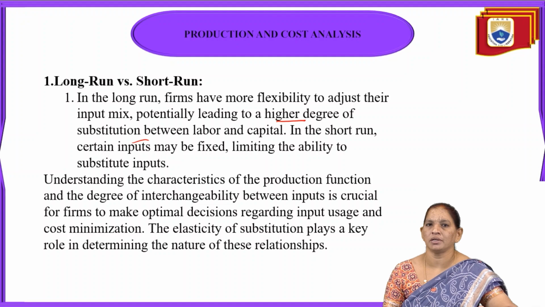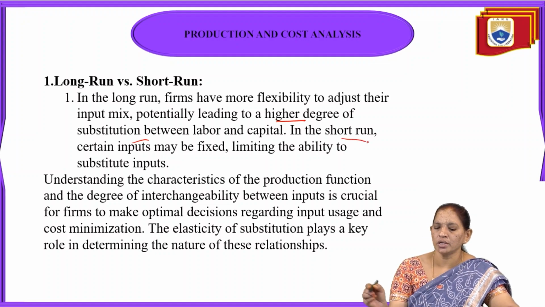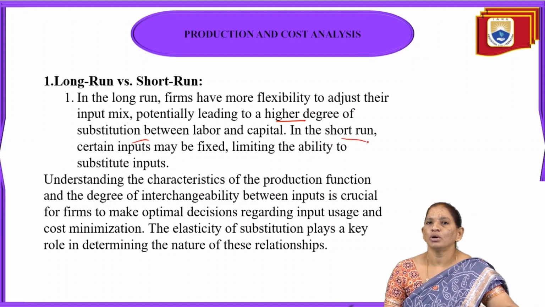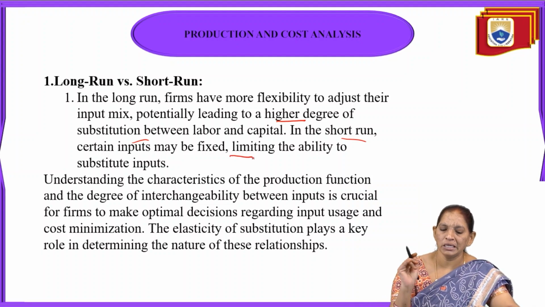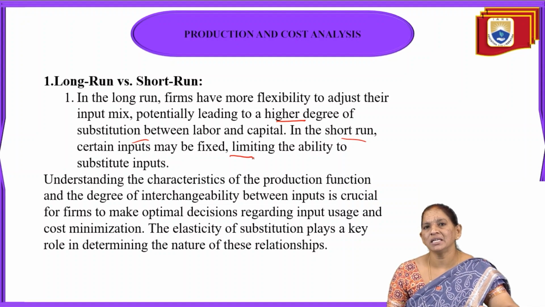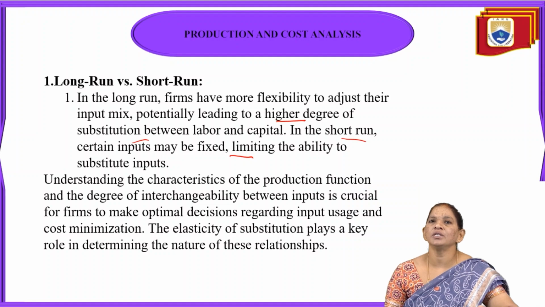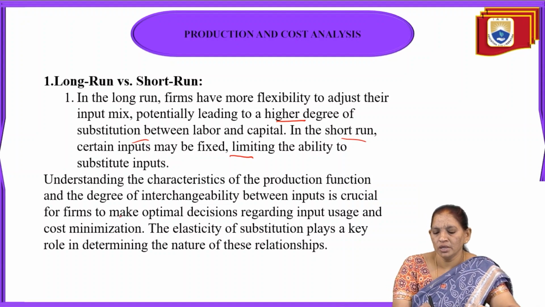But when it comes to the short run, we are unable to go for flexibility as the period is very small, maybe like 6 months or 1 year. So there the flexibility or changeability of labor and capital is only limited. By taking the above different types of factors relating to the two variables, they can be interchangeable.